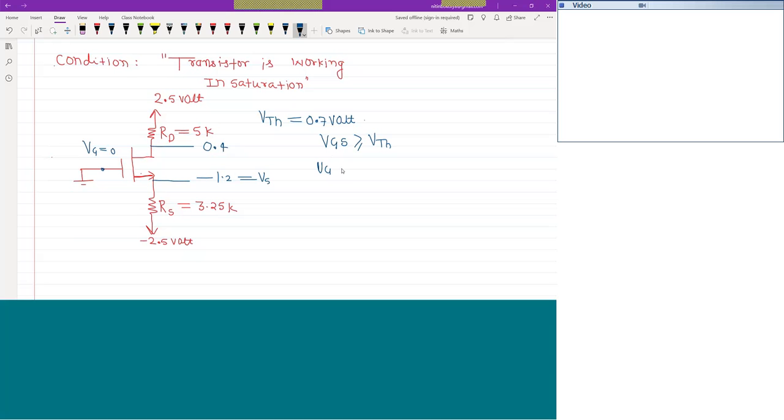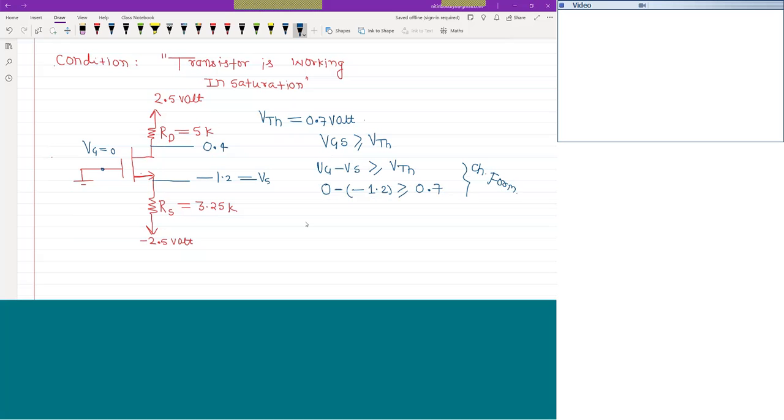VG minus VS should be greater than or equal to VTH. What is the value of VG? VG is 0, minus VS is minus 1.2 volt. This should be greater than or equal to VTH, which is 0.7 volt. तो ये correct है? Yes. ये किसकी condition है? चैनल फॉर्मेशन का कंडीशन है, चैनल फॉर्म करने का कंडीशन है.